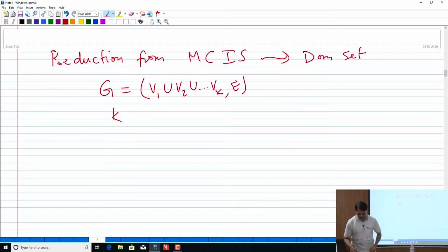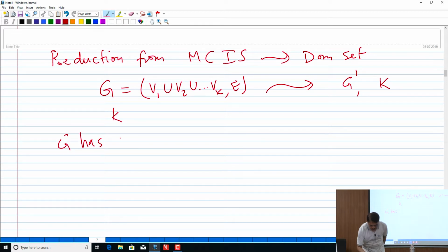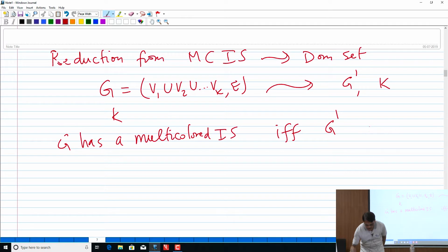And what do I want to get? I want to get some G prime, and it turns out it will be actually k such that G has a multicolored independent set if and only if G prime has a dominating set of size k.